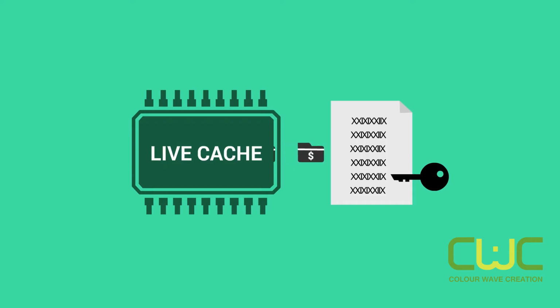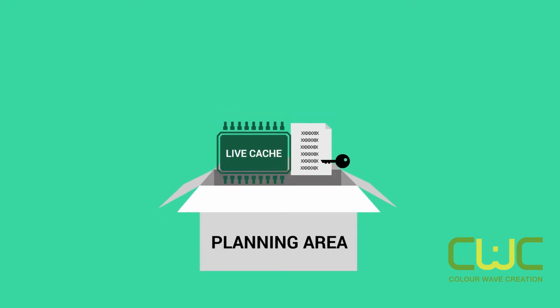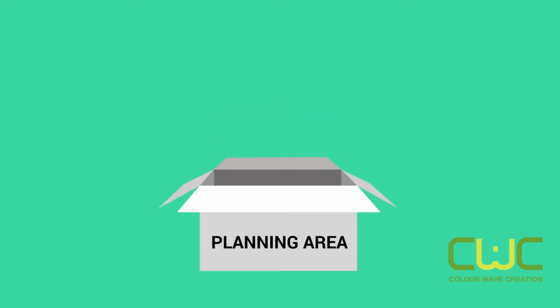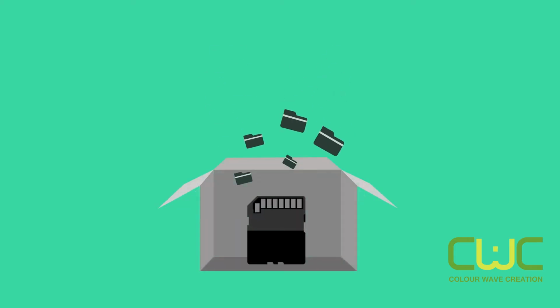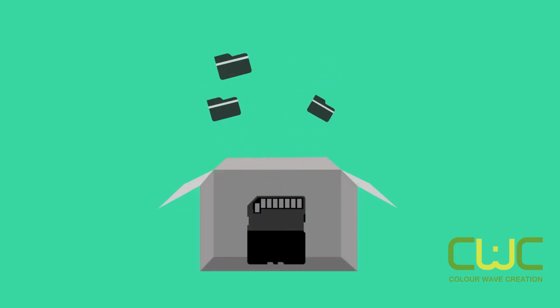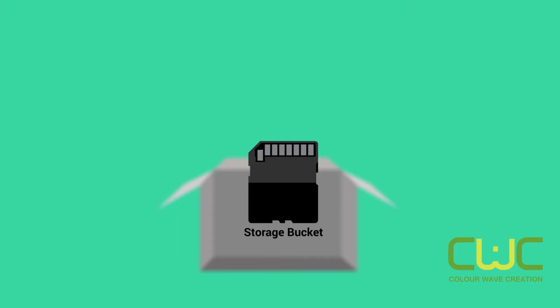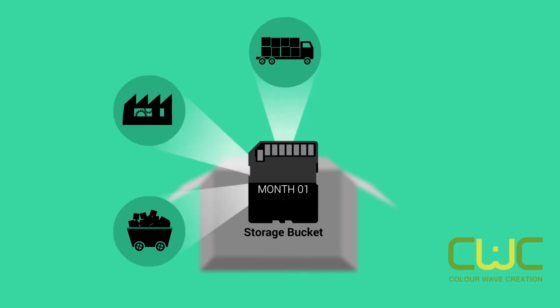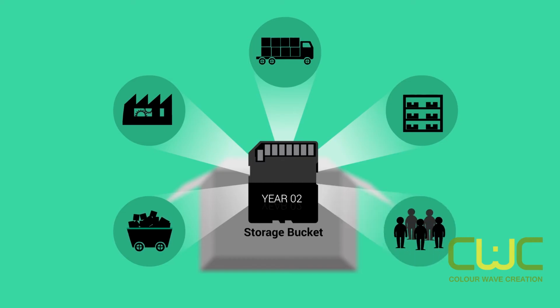Consequently, the properties and definition of these key figures need to be declared in the planning area. As mentioned earlier, the planning area is linked to the storage bucket profile as well, which defines the periodicities of data storage in terms of days, weeks, months, years, and so on.